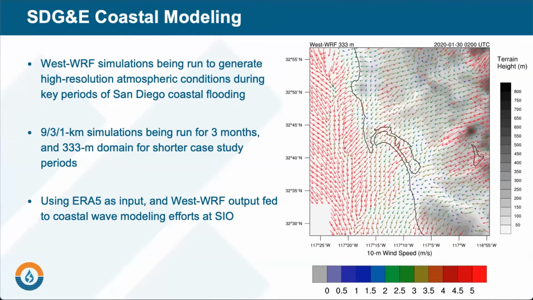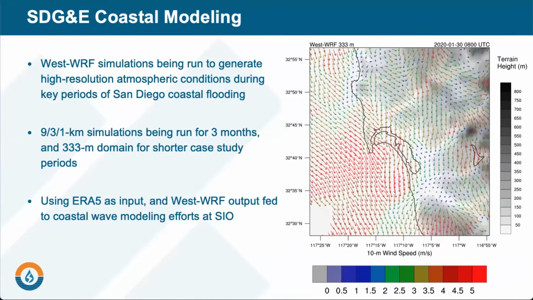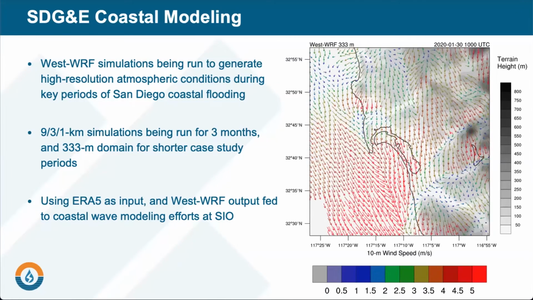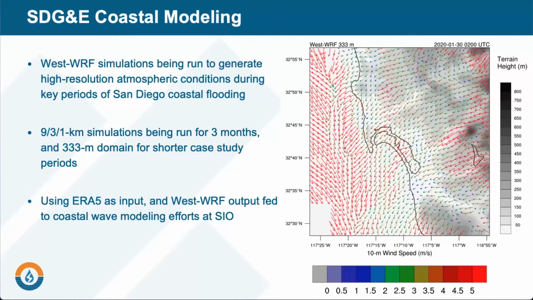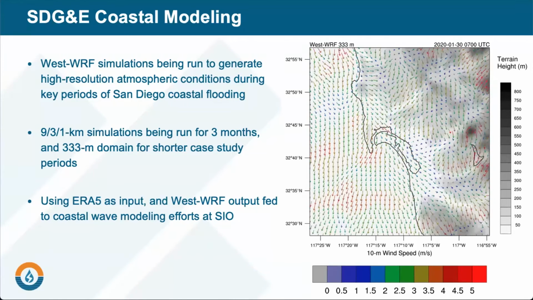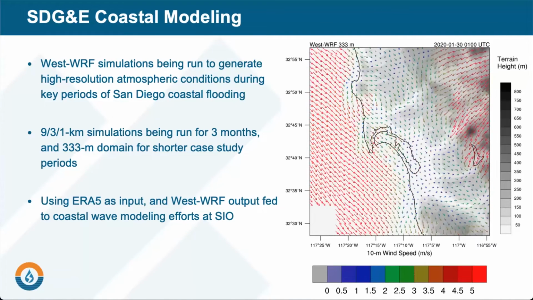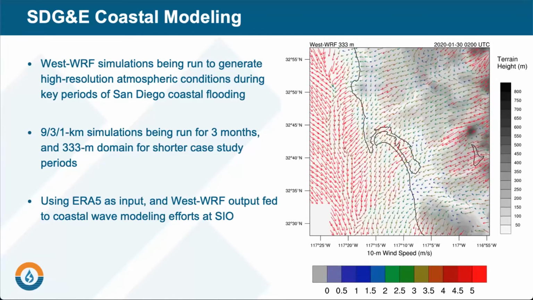Then another project to quickly highlight here. We're involved in a project with SDG&E and others at Scripps, where we're running West-WRF simulations over the greater San Diego area, looking at key pieces of San Diego coastal flooding.